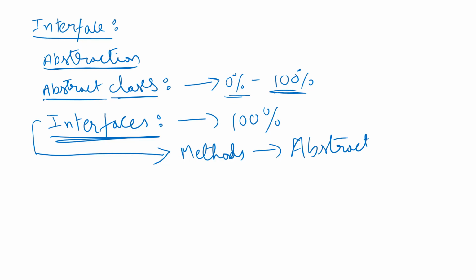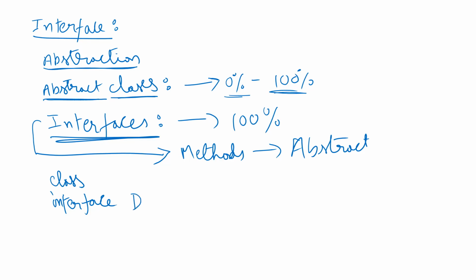So how to declare an interface? An interface looks like a class, but it is not really a class. An interface can have methods and variables just like the class, but the methods declared in an interface are by default abstract. So we will define an interface with the keyword interface, and we will give a name to this interface.